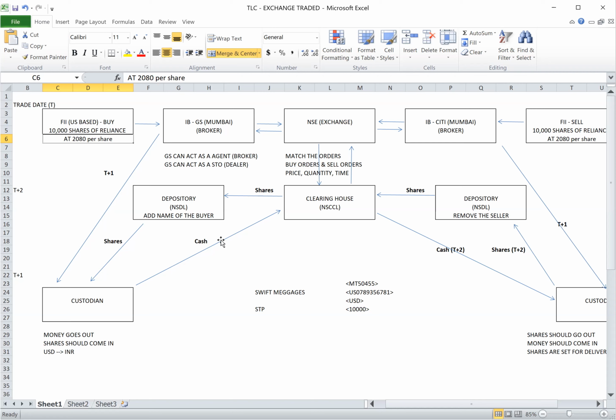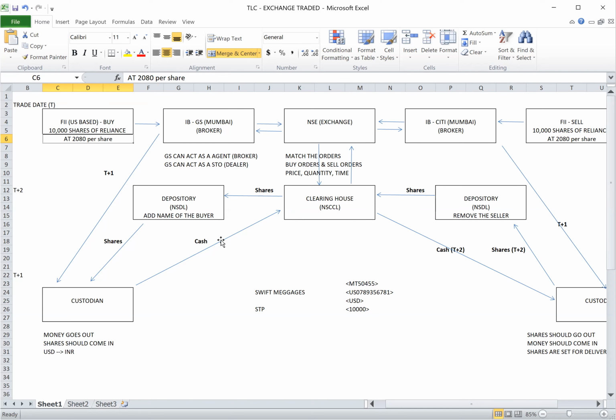So Vanguard would need to have a custodian account or not? Yes, sir. That is an institutional investor. So it would need to have a custodian account, right? Now, all the shares, all the money is kept with the custodian, right? They have ordered to buy 10,000 shares of Reliance.